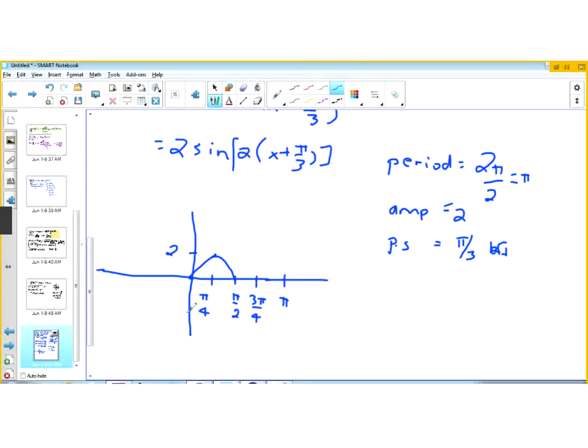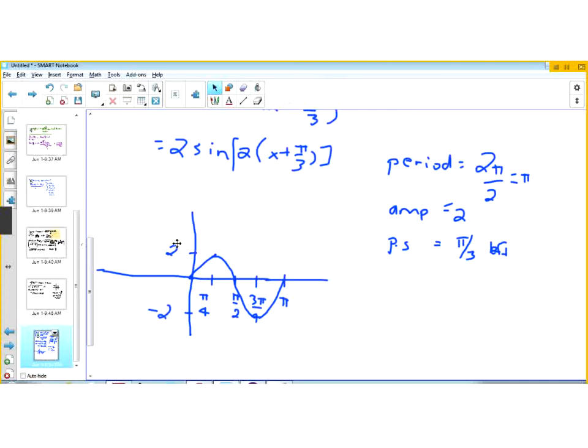In the second, from max to 0. In the third, from 0 to min. And in the last quarter length interval, the sine function goes from min to 0. Okay, so there's the sine function sketched without its phase shift.